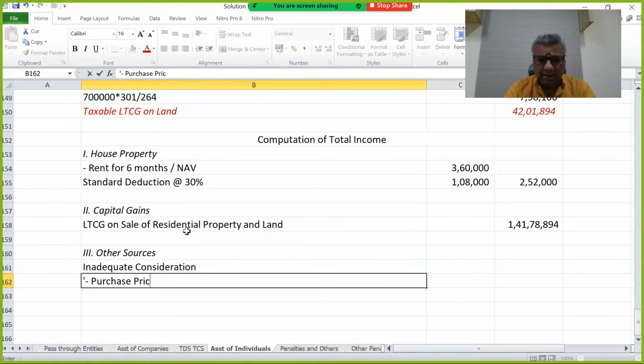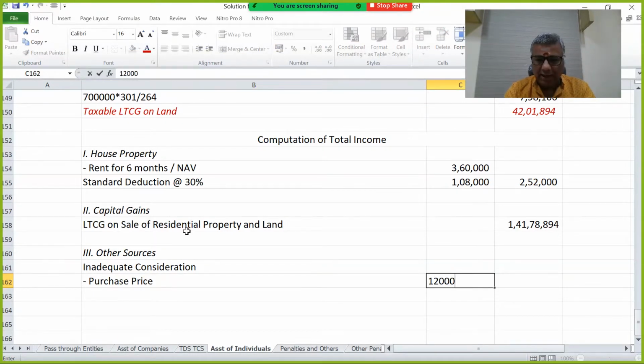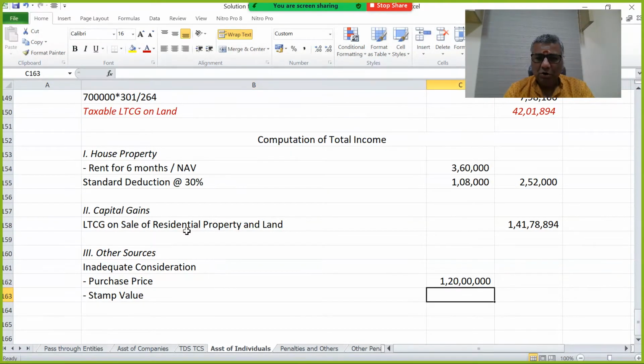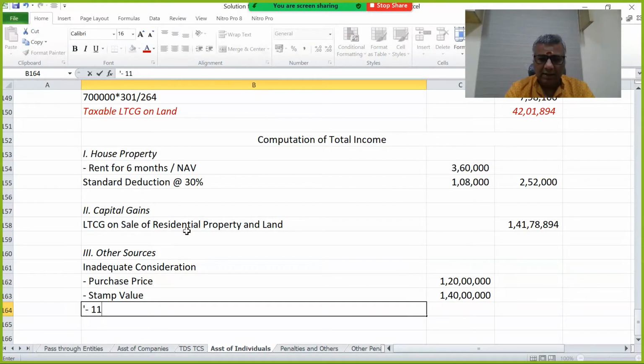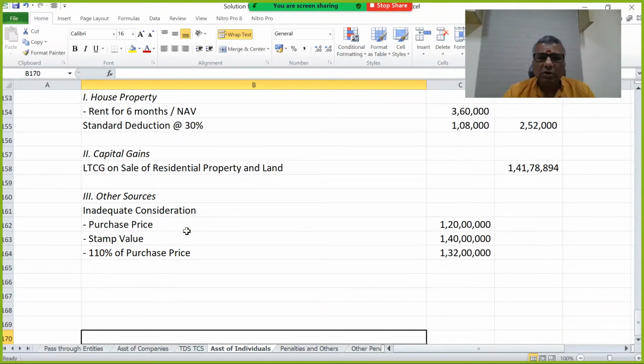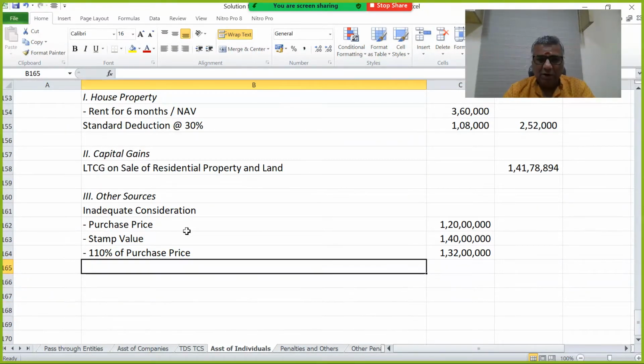Purchase price is 1 crore 20 lakhs. Stamp value 1 crore 40 lakhs. 110% of purchase price is 1 crore 32 lakhs.